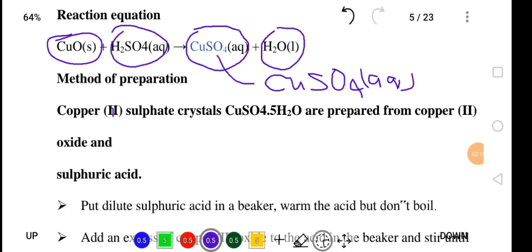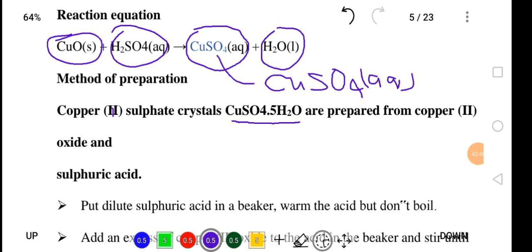So the presence of copper 2 in the solution is going to cause this solution to look blue. Since the color of copper 2 sulfate in aqueous state is blue, we need to maintain the same color even if we convert this substance into a solid state.